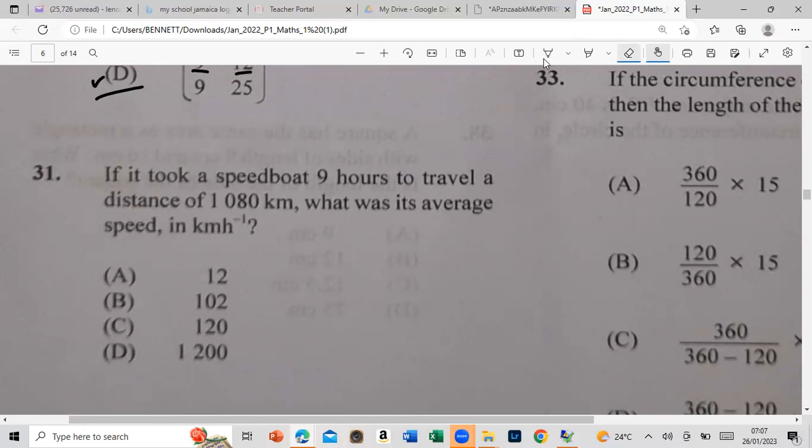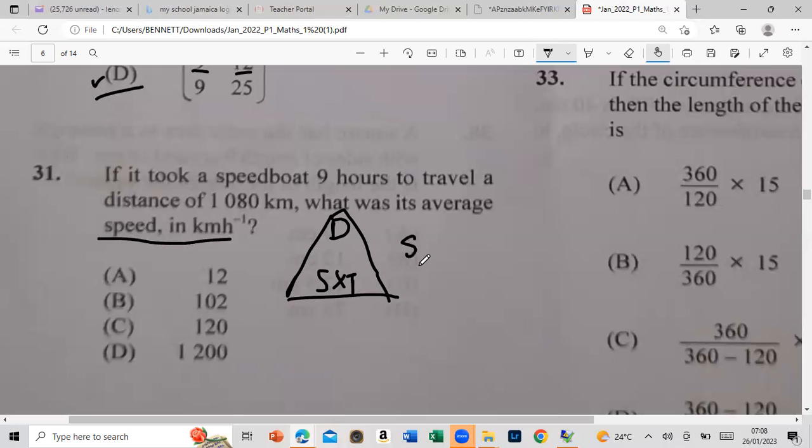Let's just look at the distance formula. You have distance at the top, guys, and then you have speed times time. So if you are finding speed, it would be distance over time. And that is exactly what we do, finding the speed. So we're going to have speed, which is 108 divided by its time, 9 hours.